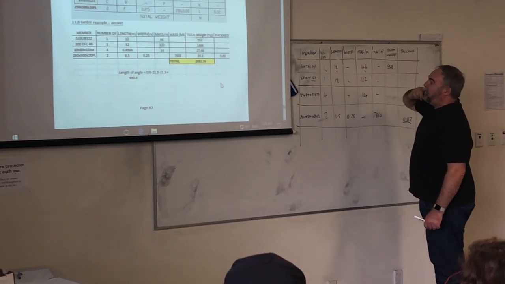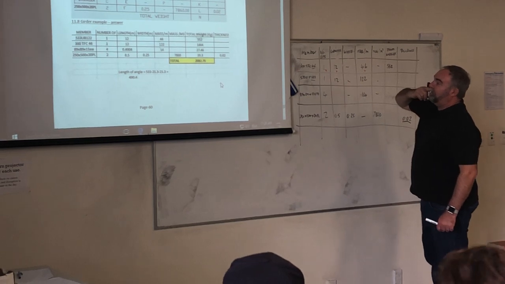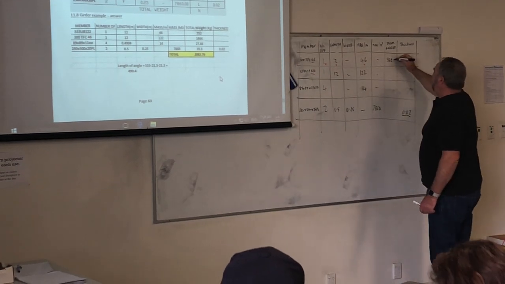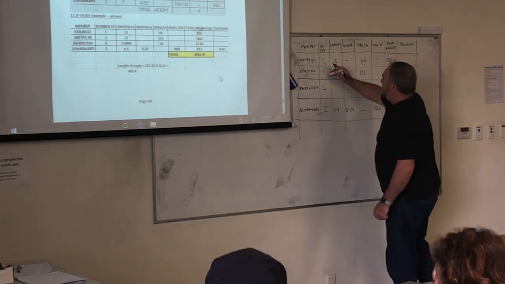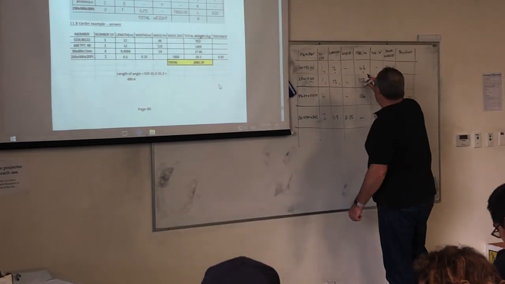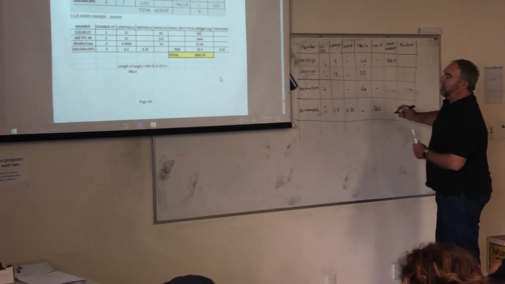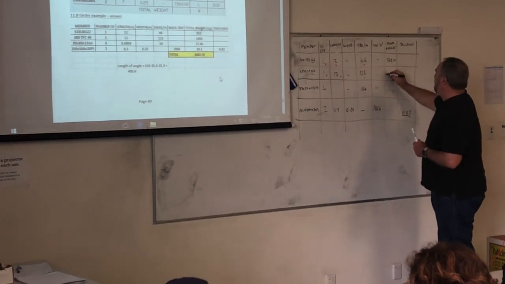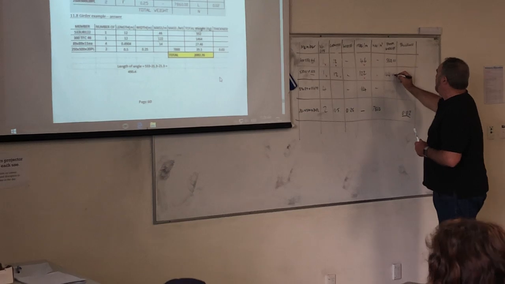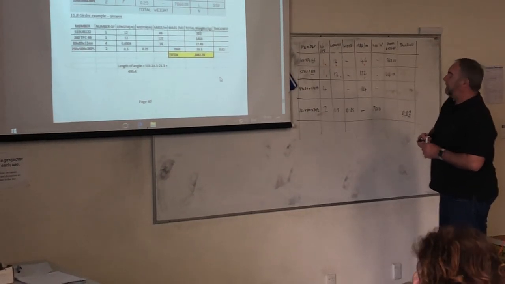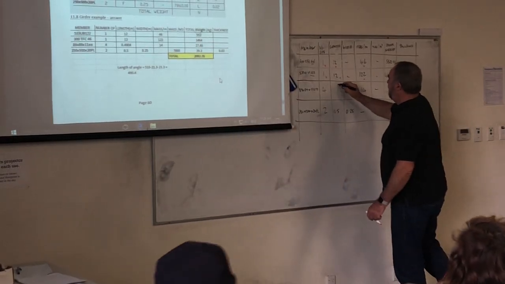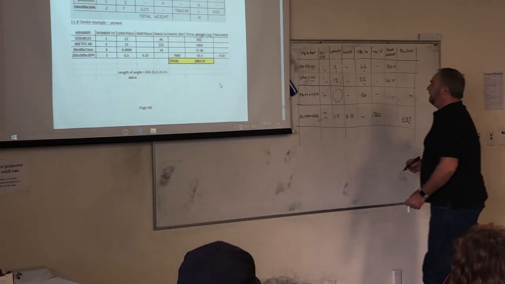Now notice I haven't done a decimal place on this, so let's call it two decimal places, .00. This one times that one times that one is 1464.00. And there is a calculation required for here, which I'm about to do.